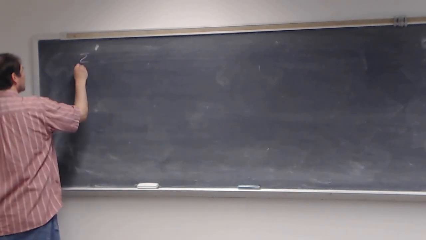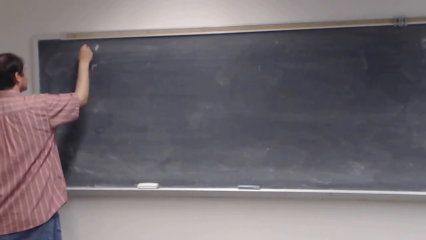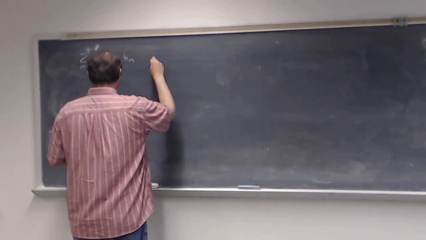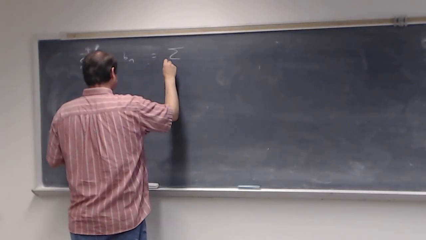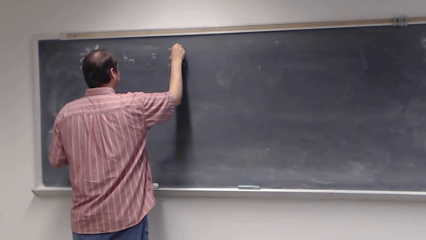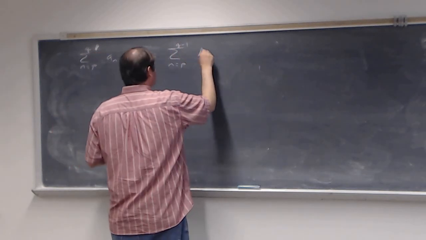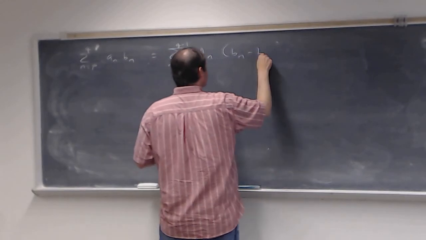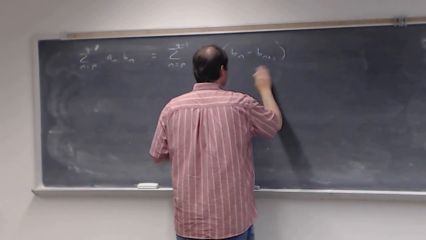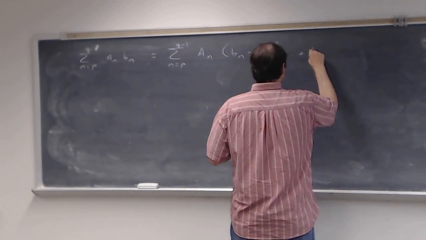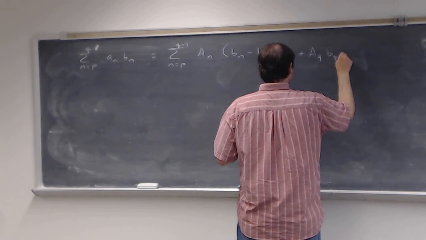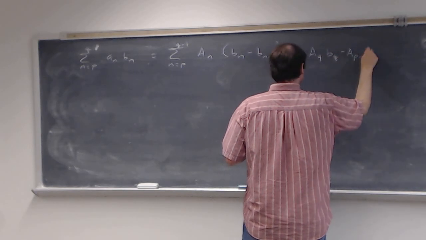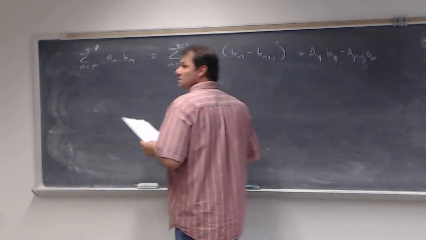The sum as n runs from p to q of a sub n times b sub n is going to be equal to the sum as n runs from p to q minus 1 of big A sub n times (b sub n minus b sub n plus 1), and outside the sum is plus A sub q b sub q minus A sub p minus 1 b sub p.